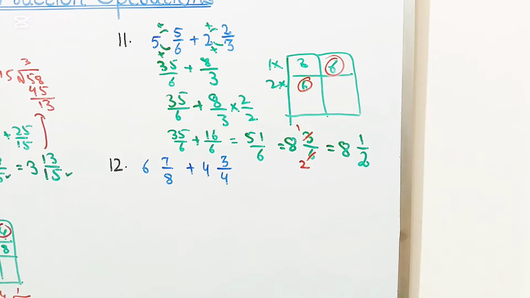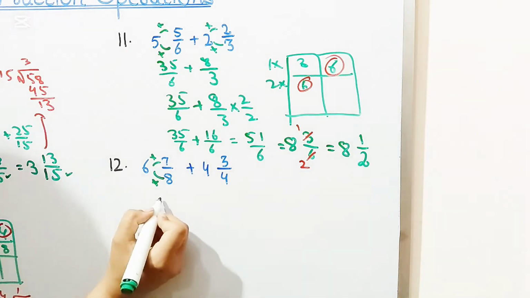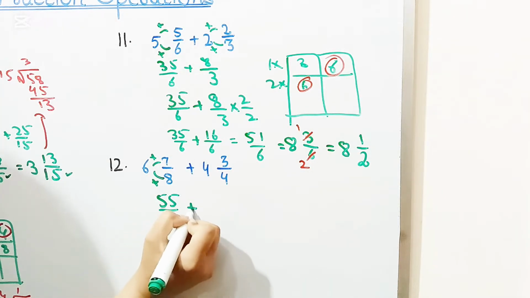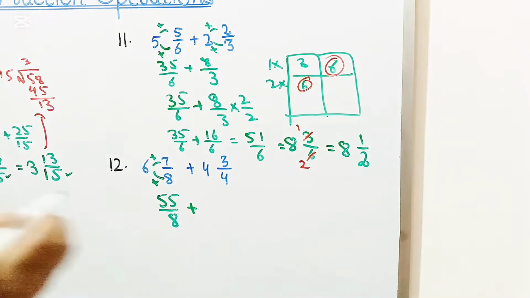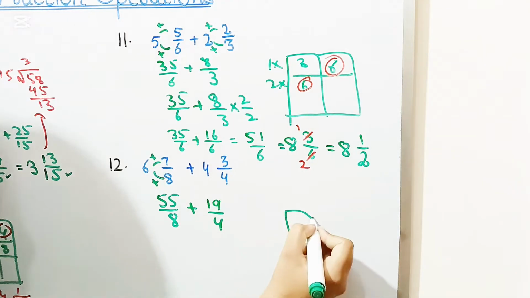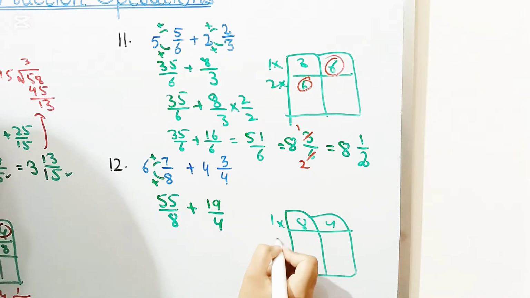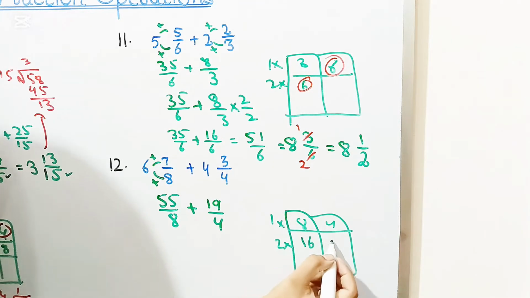Now next question. 6 7 over 8 plus 1 3 over 4. Multiply and then add. My answer is 55 by 8 plus 19 over 4. And then we see the multiples. 8, 4. 8 2s are 16, 4 2s are 8.